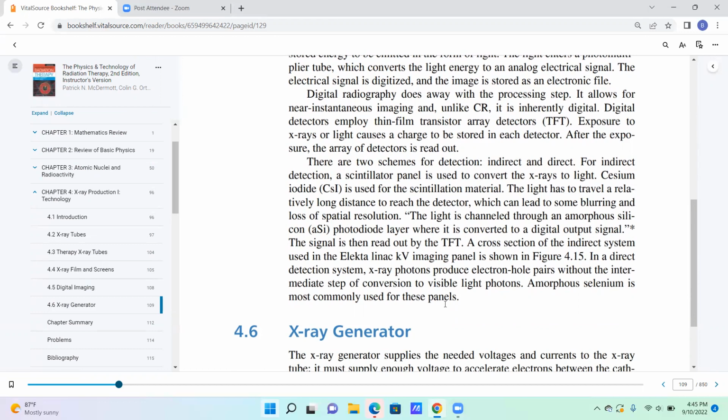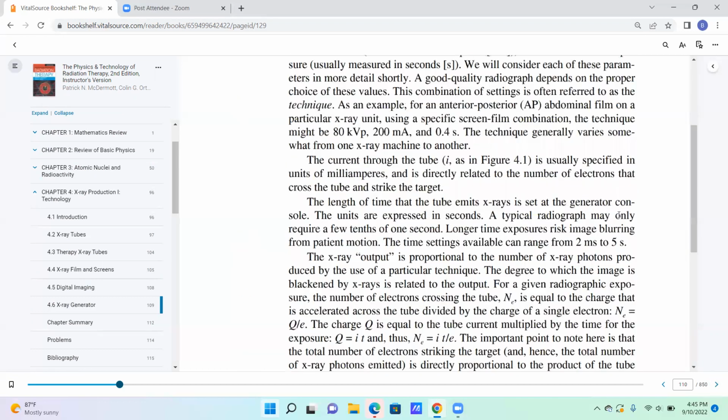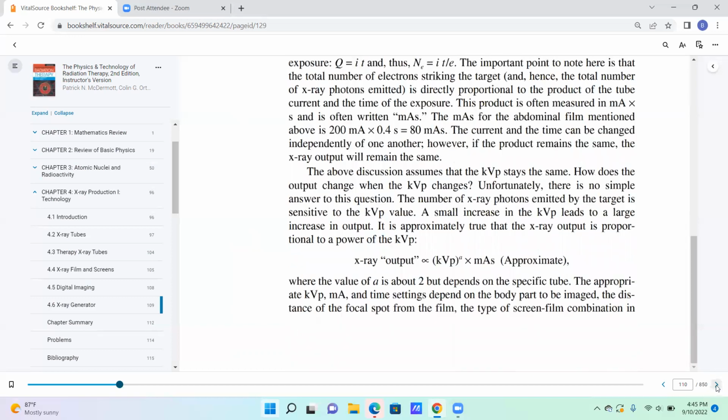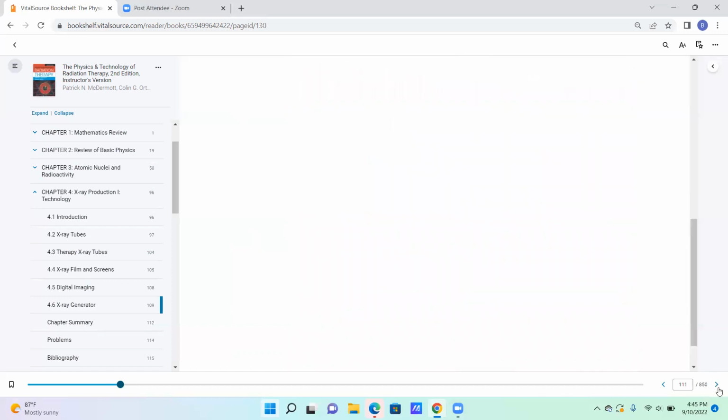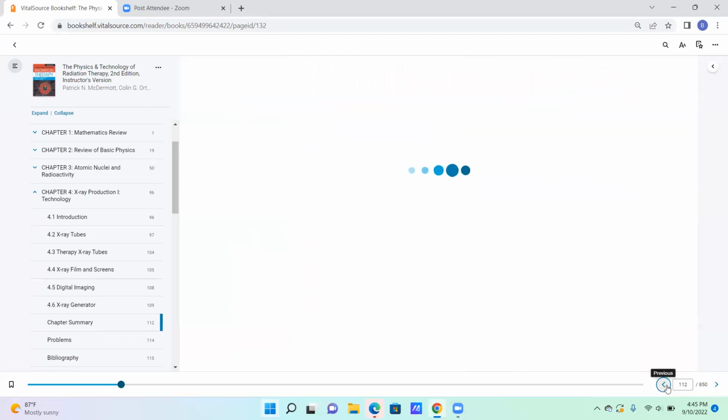For indirect, a scintillator panel is used to convert the X-rays to light. And you can see some of that here in figure 4.15. As soon as I can find figure 4.15. Which apparently I can't. Let's see.